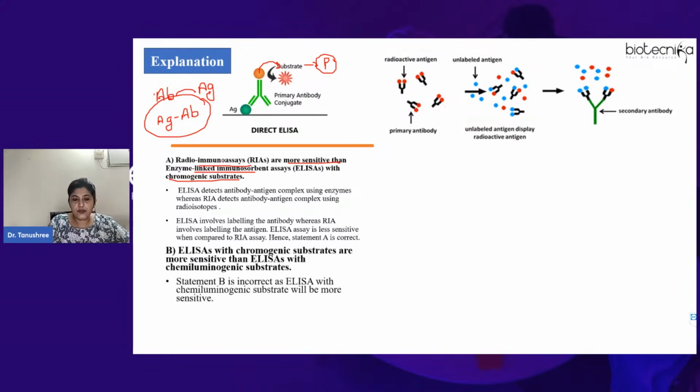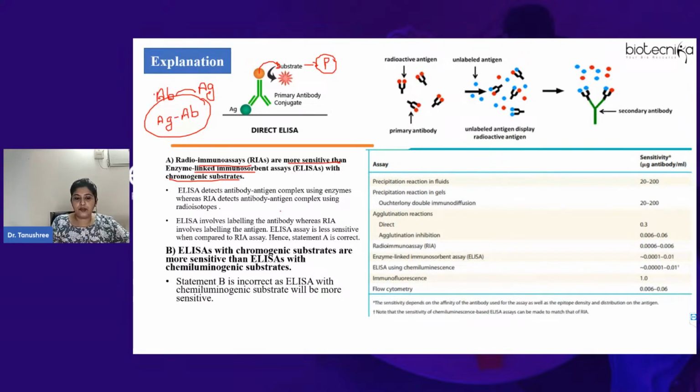As I told you, if you see this table and compare RIA and ELISA, for sure RIA is more sensitive, right? Now statement B is about ELISA with chromogenic substrates being more sensitive than with chemiluminogenic substrates.